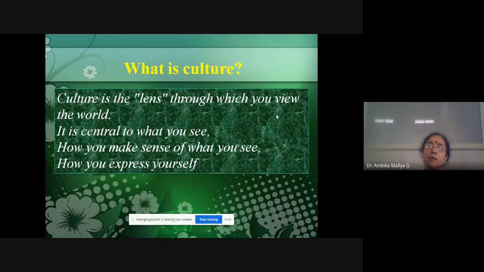In communication parlance, in communication terminology, we call it a sieve. Each and every one has a mental sieve which is very different from the other person.